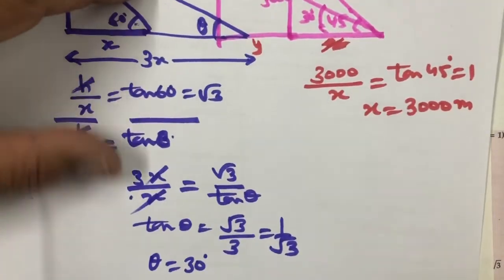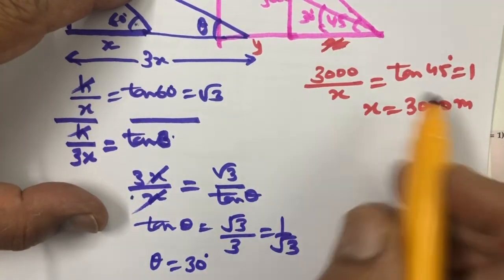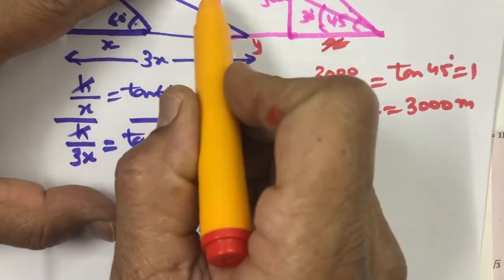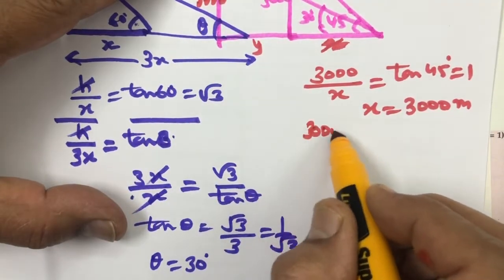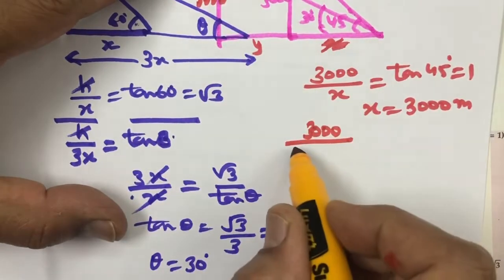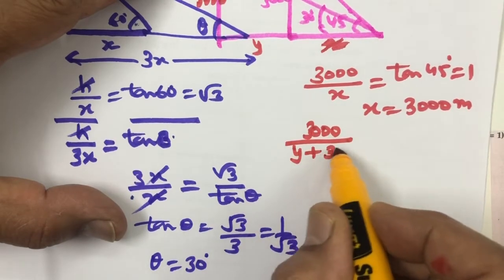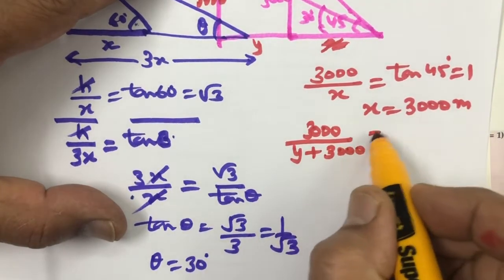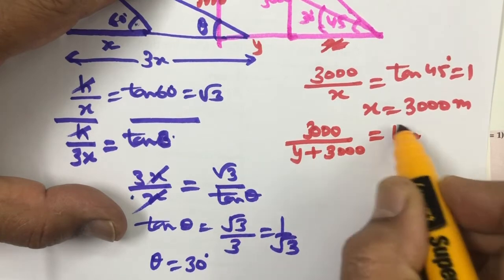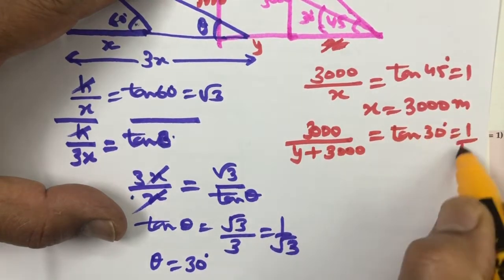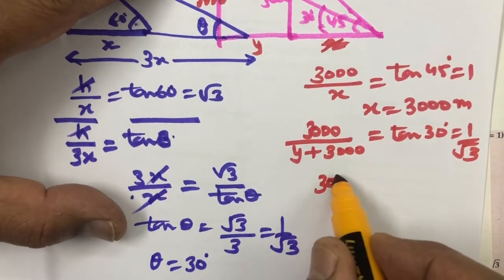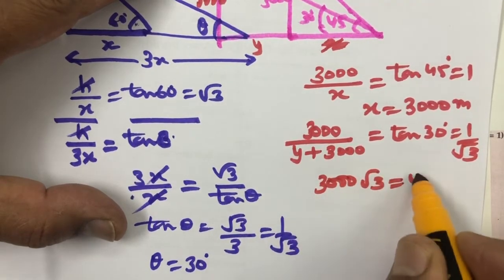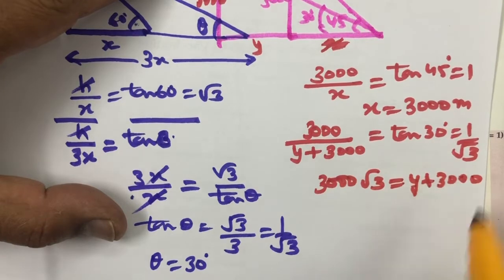Now, when we know x, we can calculate y also, because this height is again 3000. So again 3000 divided by y plus x, which equals tan 30 degrees, and tan 30 you know is 1 by root 3. So cross multiply: y plus 3000 equals 3000 root 3.